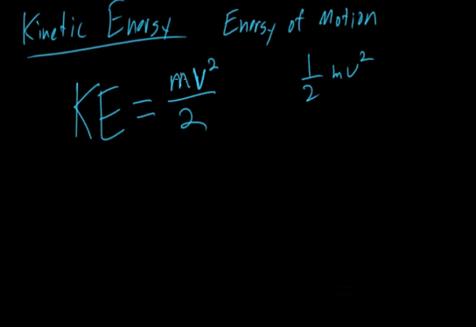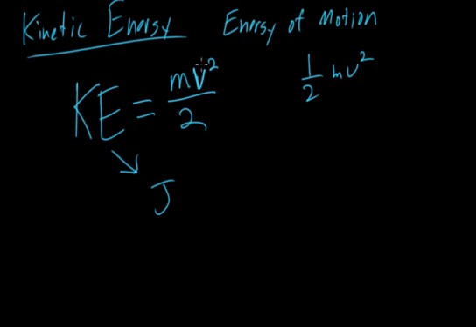And similar to work, which we just finished talking about, kinetic energy, or energy in general, is also measured in joules, because kilogram meter squared per second squared, that's basically a Newton meter. So kinetic energy is measured in joules, just like work was measured in joules. They're different, they're not the same, but they have the same unit, and so that can be a little bit confusing.